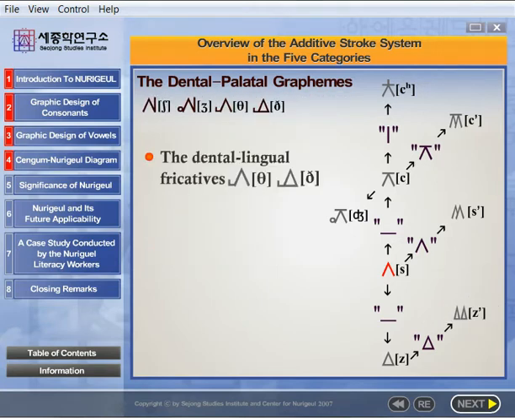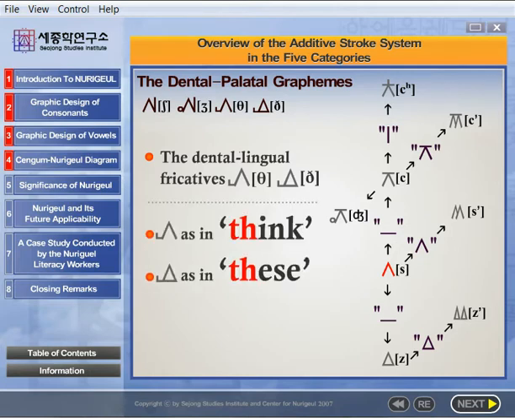The dental lingual fricatives, Th, as in think, and The, as in these, are produced with the tongue tip sticking out between the upper and lower incisors.